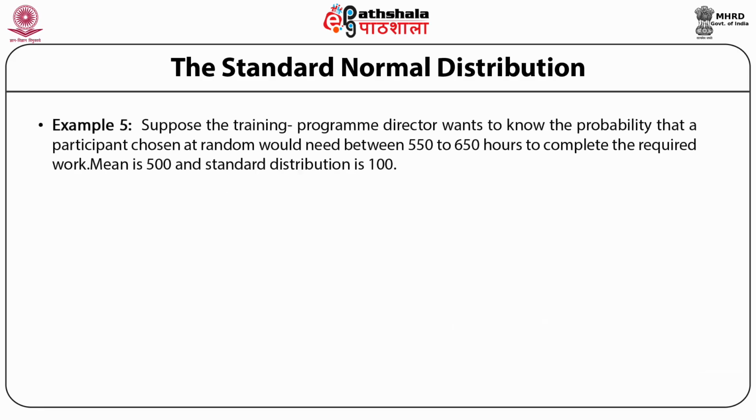Now the next example. Suppose the training program director wants to know the probability that a participant chosen at random would need between 550 to 650 hours to complete the required work. Mean is 500 and standard deviation is 100.